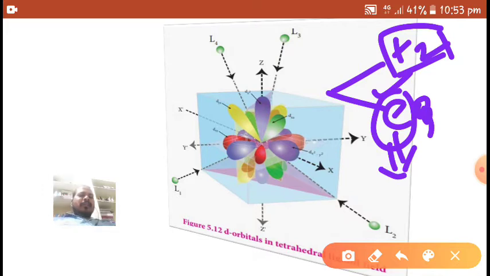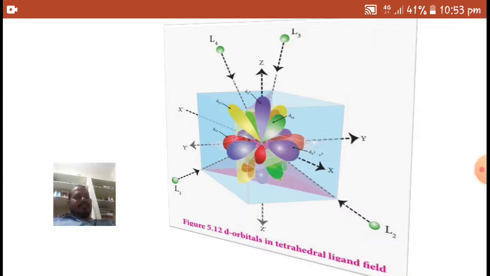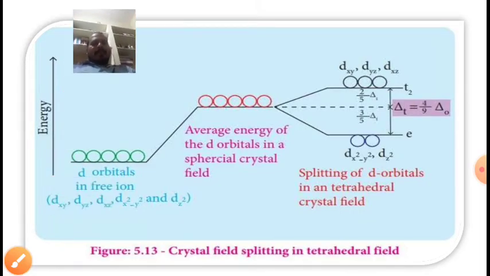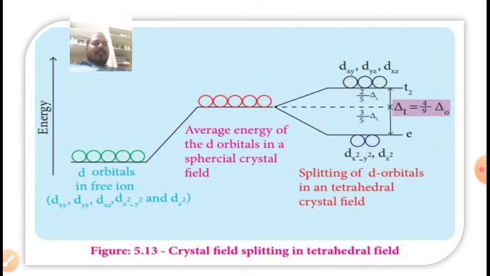So the d orbitals which lie between the axes, their energy will be increased because there is a repulsion between the electrons in the d orbitals of the metal ion and the ligands. So T2g energy will be increased and Eg energy will be decreased. In this slide we can understand this concept.